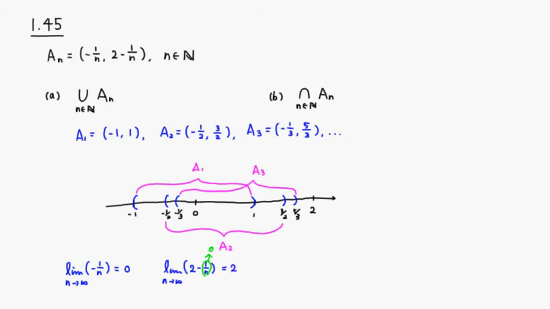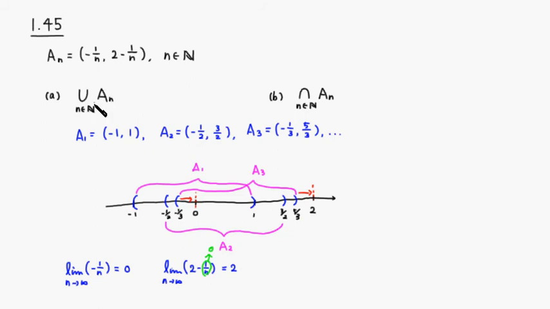So the left endpoint is moving to the right toward 0, and the right endpoint is moving to the right as well, but toward 2. Let's keep that in mind.